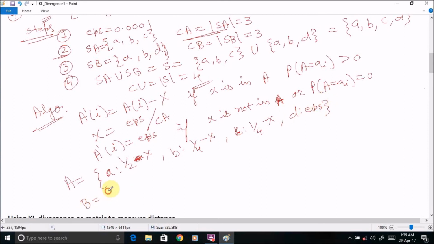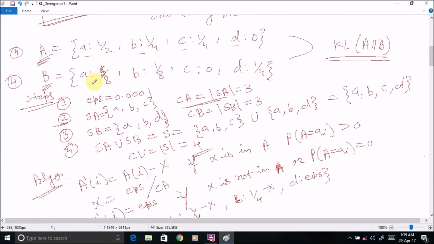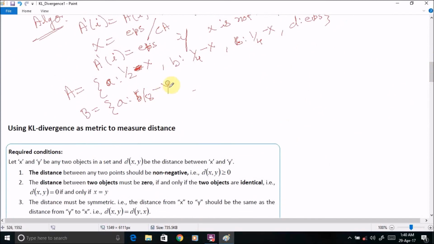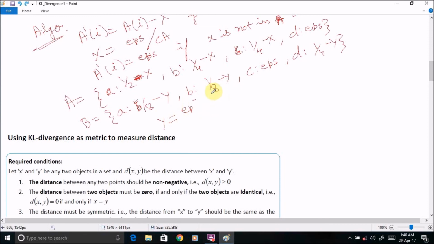Similarly, we can represent B; here C is equal to 0, so we represent it with minus y, where y is equal to EPS divided by CB, which is equal to EPS by 3.